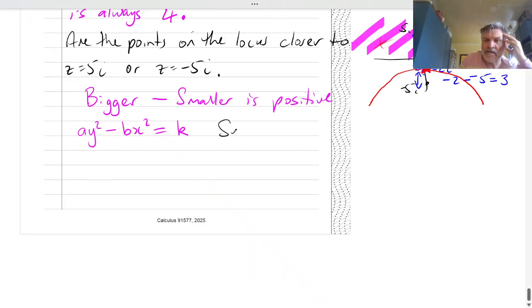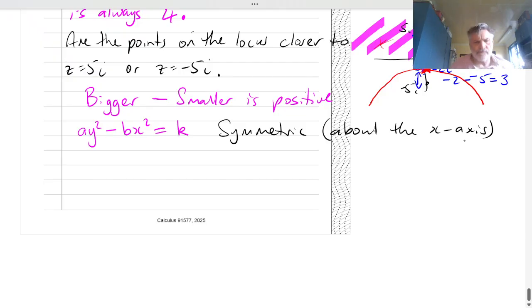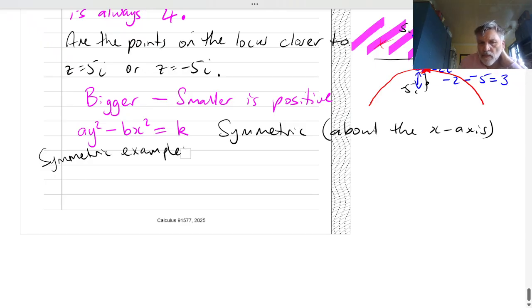And the problem with this here is that this is symmetric, and in particular it's symmetric about the x-axis. And this is something that you've seen before. So here are some other symmetric examples that Year 13 students would be familiar with.